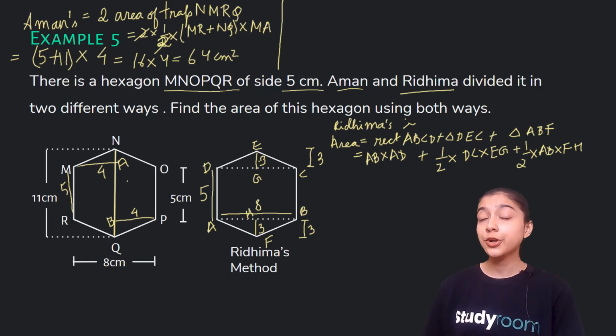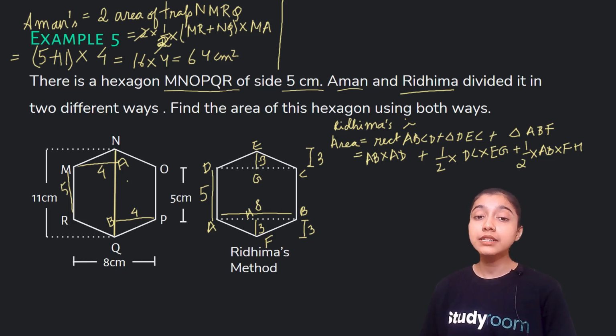Now let us look at Riddhima's approach. So what Riddhima did, she divided this entire hexagon into 3 parts. So in order to find out the area of this hexagon, we have to add up the area of these two triangles along with the area of the rectangle. So area of the trapezium will be equal to the area of rectangle ABCD plus area of triangle DEC plus area of triangle ABF.